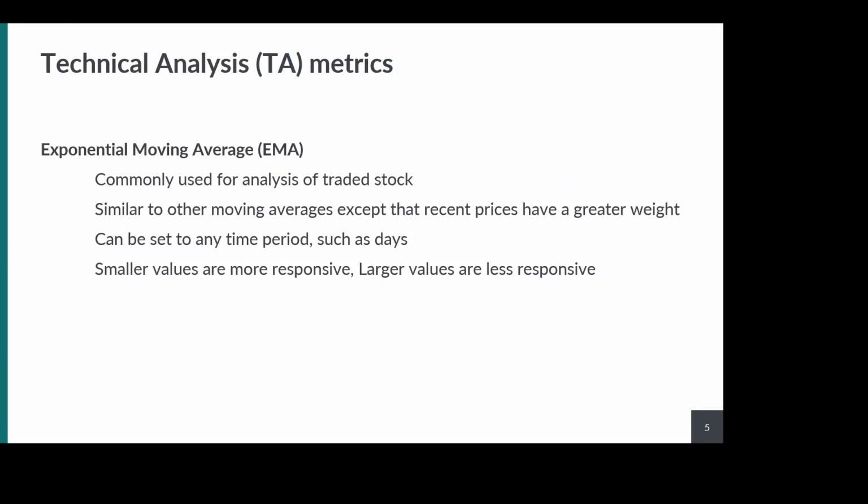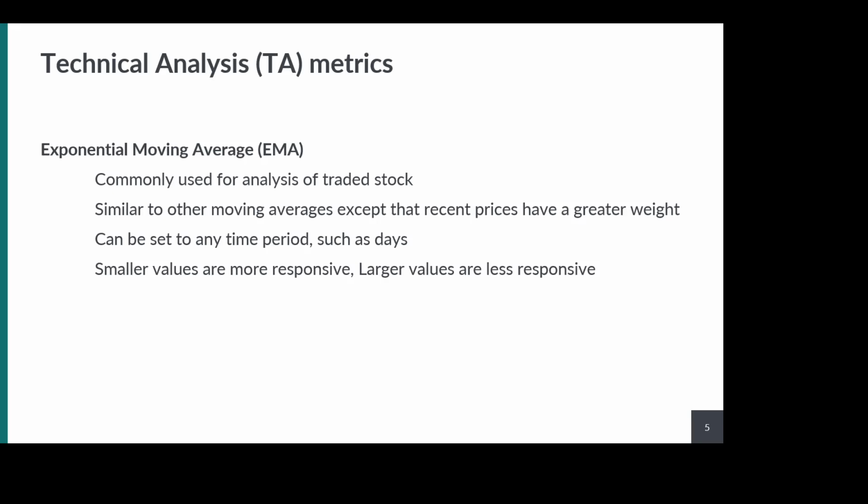Before I get into the details, I'd like to introduce the EMA, which is the exponential moving average metric. This is a very commonly used metric in technical analysis for traded stock, and it's quite useful in that, rather than a simple moving average that you would normally see, recent prices in the moving average equation have a greater weight than others in the population.